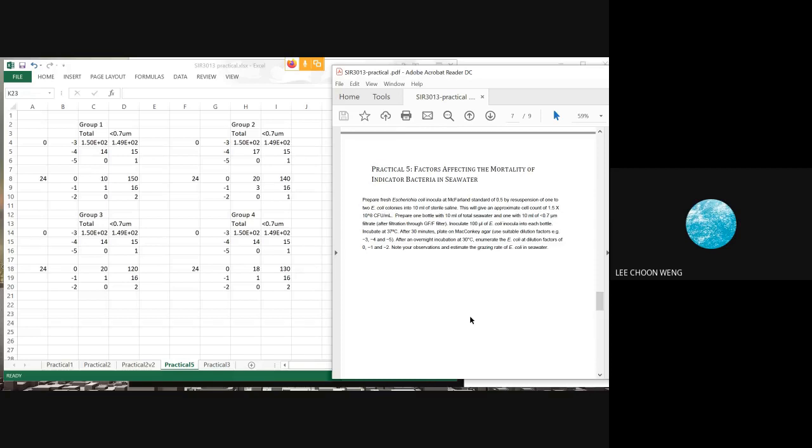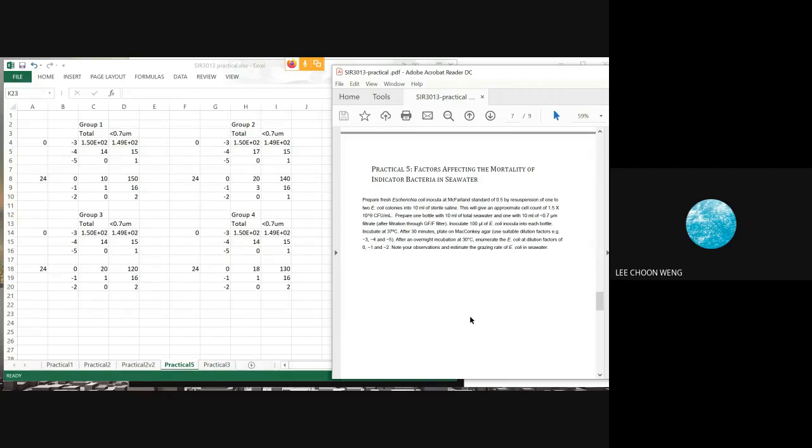For example, picoplankton, nanoplankton, microplankton, even macroplankton. So we separate them accordingly. But I've mentioned before that the separation is not absolute. There are always some outliers, but generally this is how we separate different organisms in the sea.